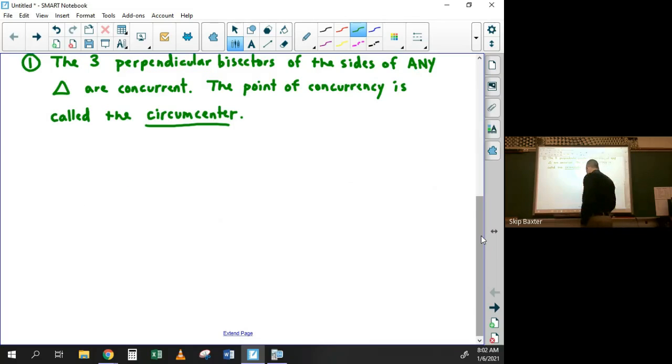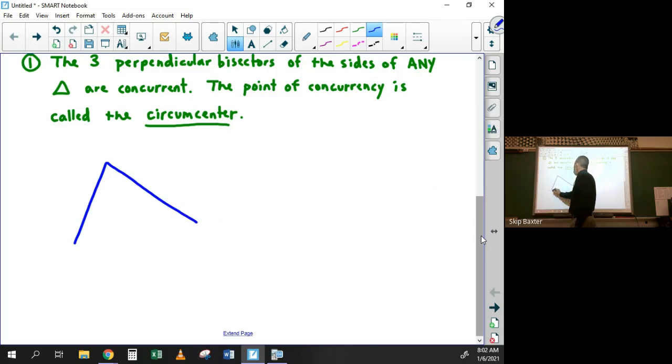Okay, so if I draw a picture here, suppose I have this triangle right here. I'm just going to eyeball it. I'm not going to do a formal construction, although I know how to construct perpendicular bisectors. So if I do the perpendicular bisector of this side, it would be something like that.